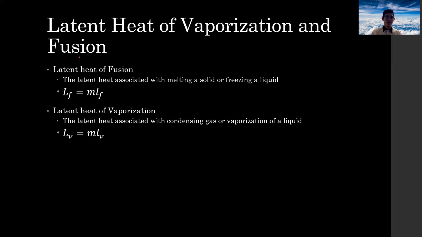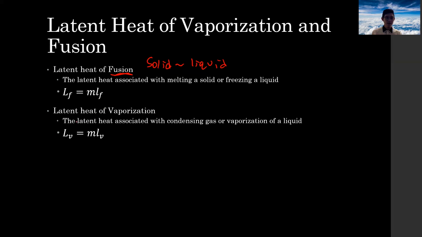So we already know if we want to increase and decrease temperature, we need to use the specific heat capacity. But latent heat of fusion and vaporization are used to change between one state to another. Fusion is to change between solid and liquid. Here it says the latent heat associated with melting a solid into a liquid or freezing a liquid into a solid.